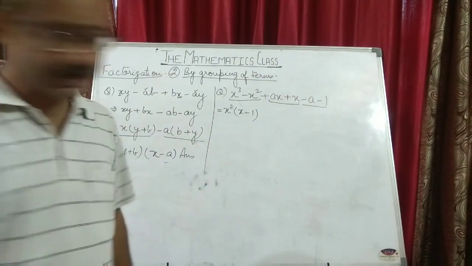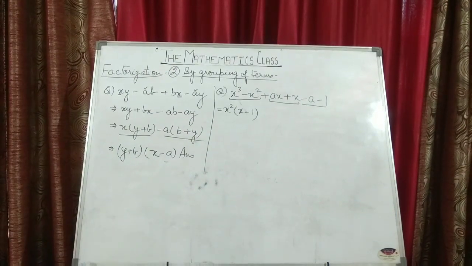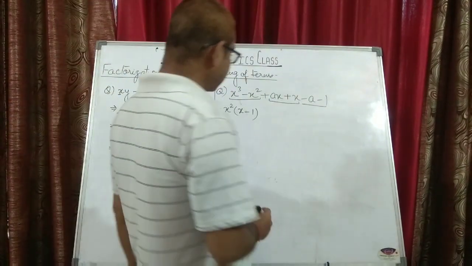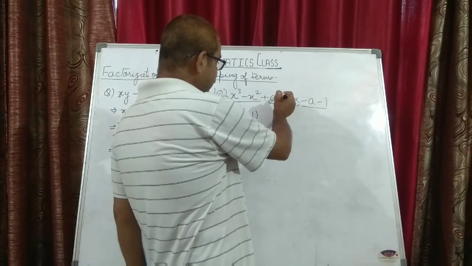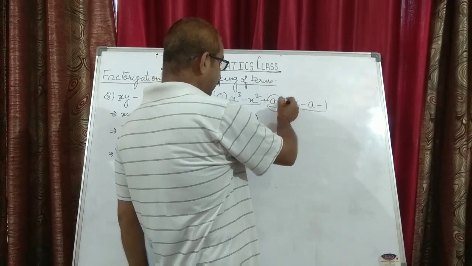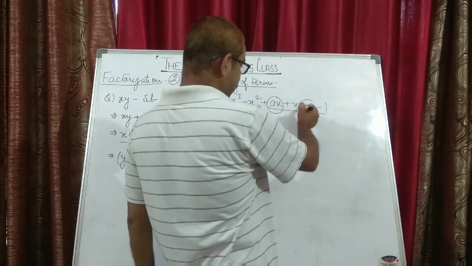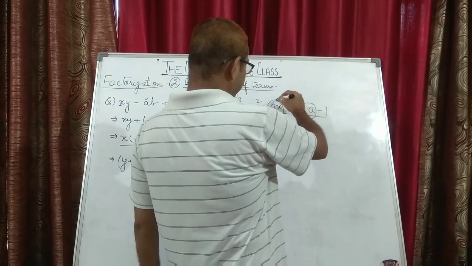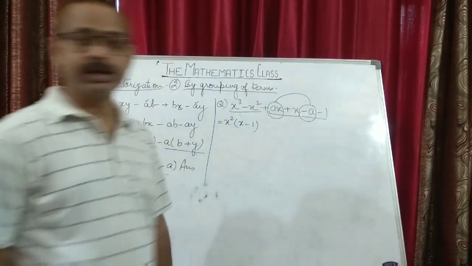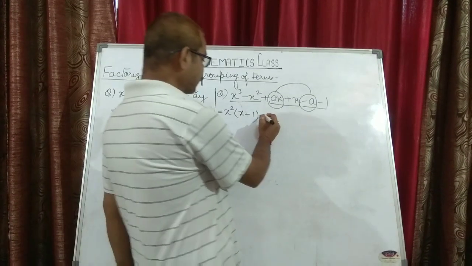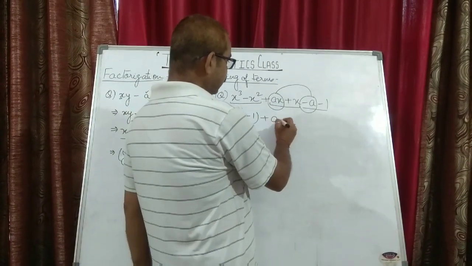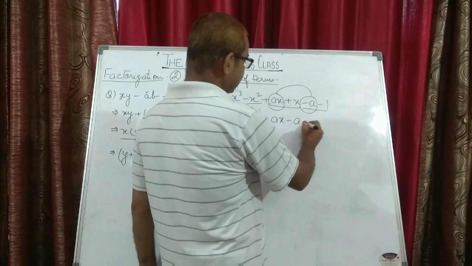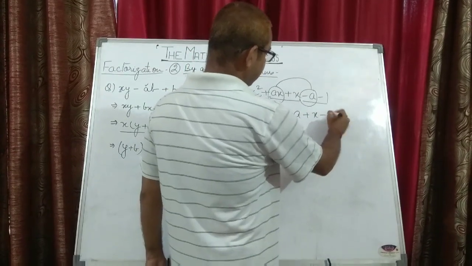In ax plus x. Now if we consider this part and this part together, these two can be regrouped. Plus ax minus a plus x minus 1.